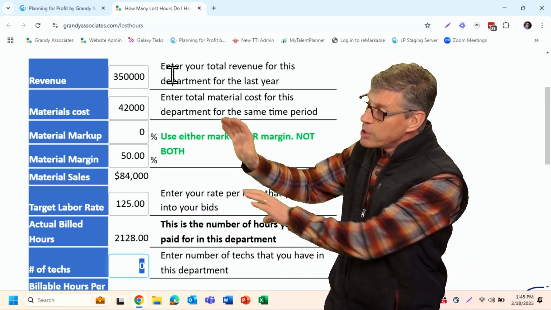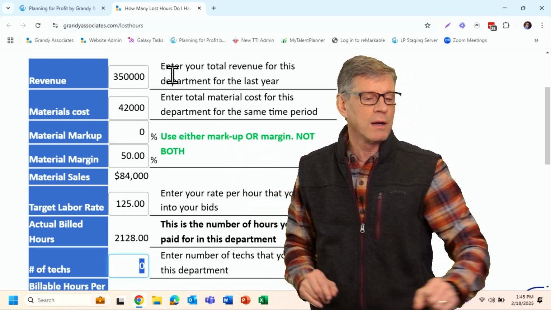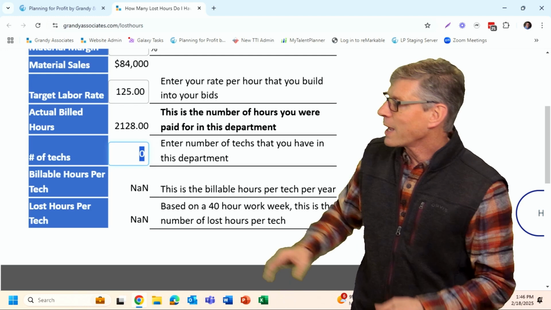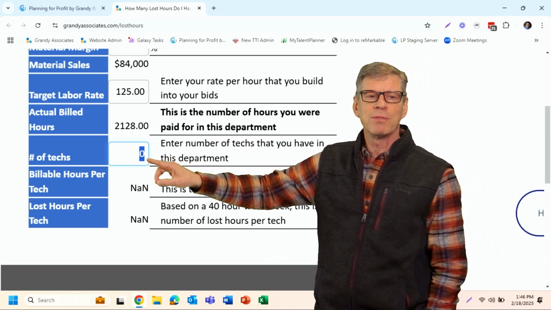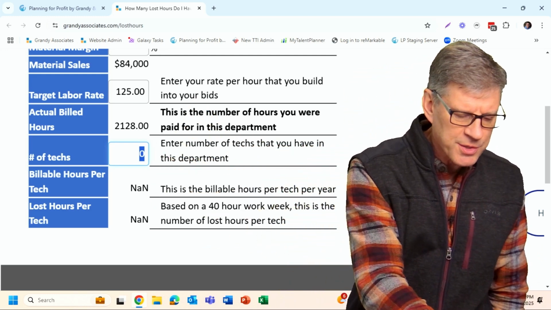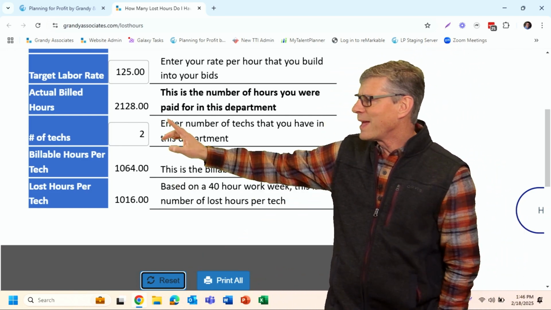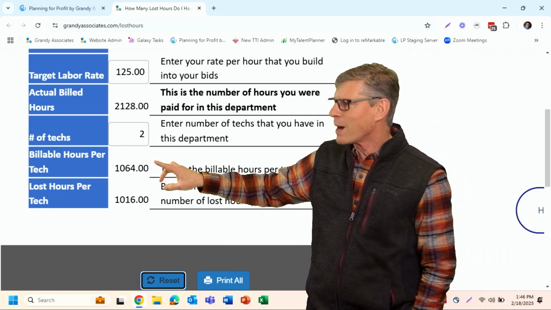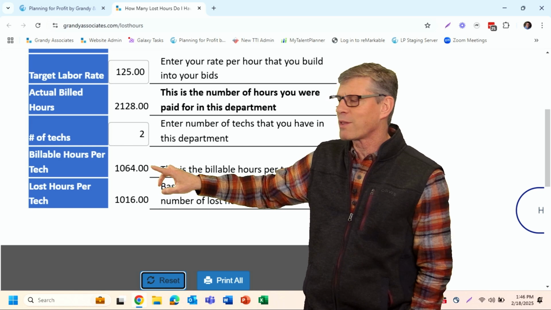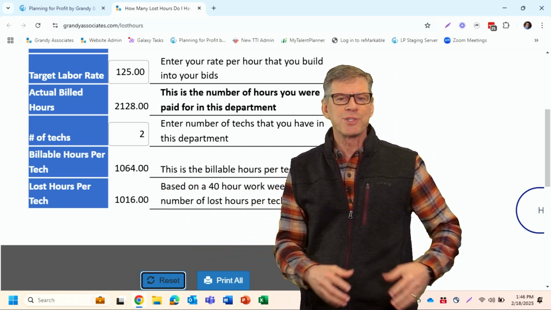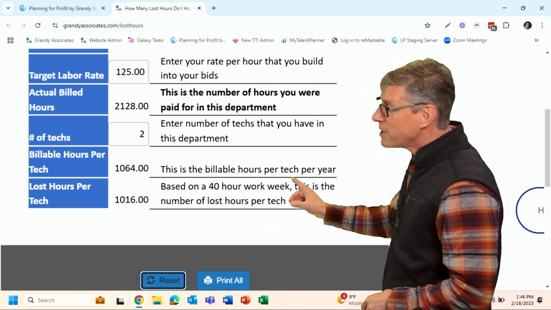Since I'm using annual data in here, I can use the bottom three areas. How many techs do I have? I've got 2 service techs running these service calls. That tells me that each tech billed out 1,064 hours, and each tech had 1,016 lost hours based on a 40-hour work week.